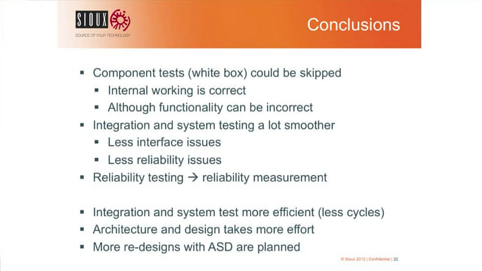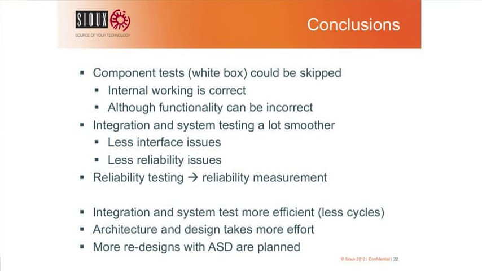The integration and the system testing will go a lot smoother, at least on the components that have generated code. What we saw, much fewer interface issues and fewer reliability issues. And the reliability testing we are performing in this project extensively gets into a reliability measurement instead of testing. We are not finding any software defects anymore. We can really measure the reliability of the total system.